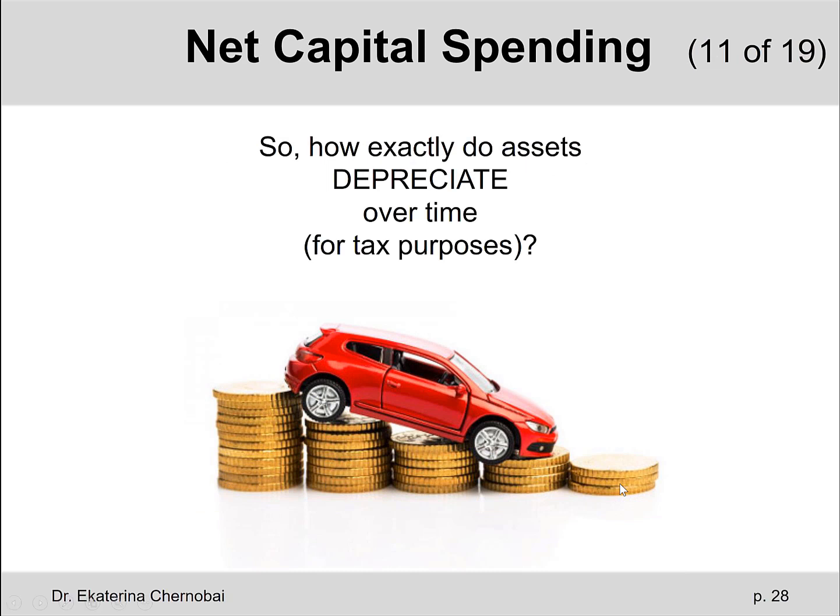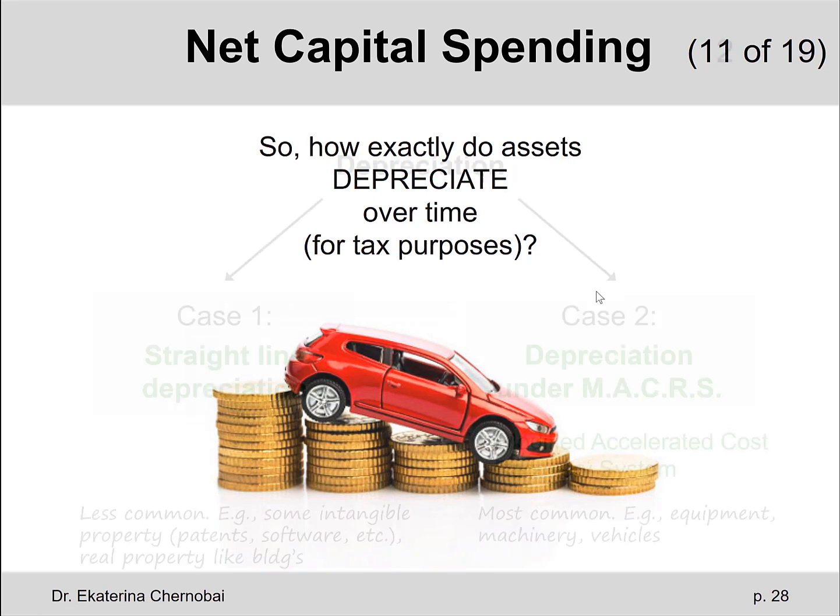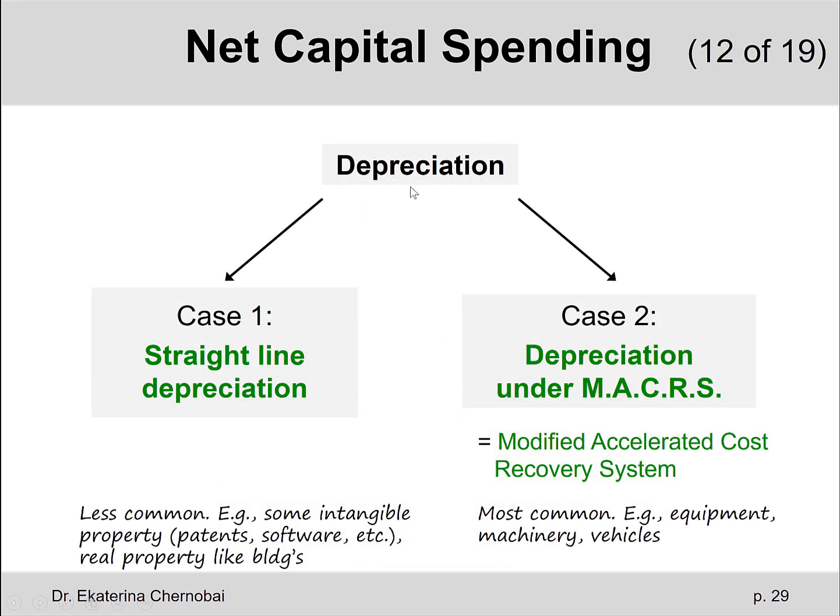Okay, now that we know the different situations that can take place at sale and how they relate to the asset losing money or depreciating over time, now, how exactly do assets depreciate over time? There are two commonly used methods for depreciation of different assets.